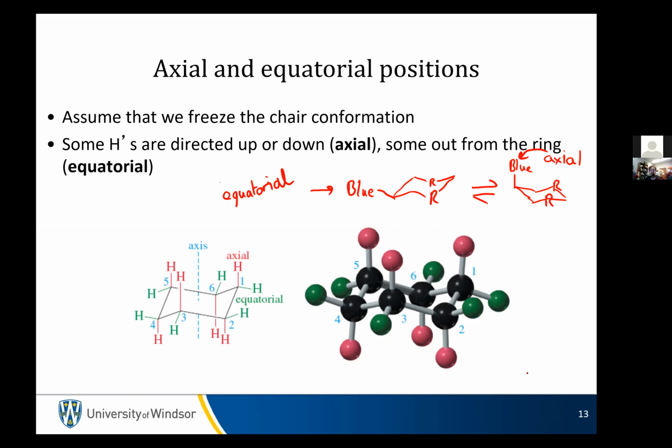They're waving around in the middle of nowhere, so they're not whacking into anything anymore. They're nice and far away from all the other atoms. So, axial equals bad.